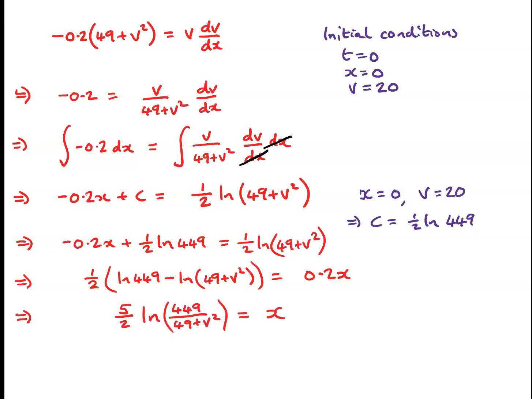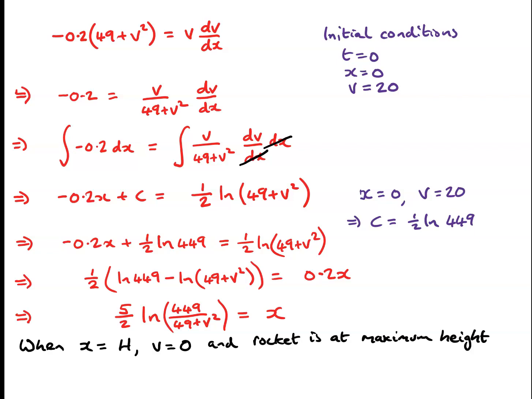In other words, x must be 5 over 2 times the logarithm of 449 divided by 49 plus v squared. Now, when it reaches the top of its motion, we've got x equals h and v equals 0.